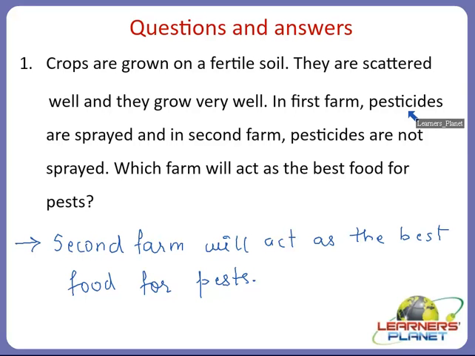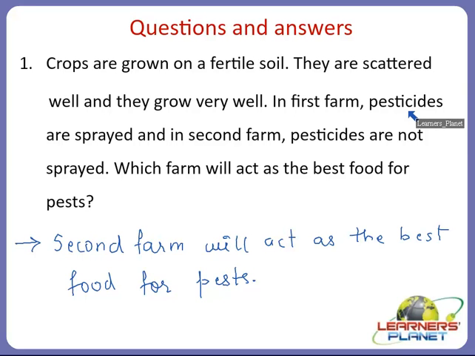Now when the pesticides are not sprayed, that means the crops may get damaged by the pests, right? So pests will attack them. It will act as the best food for them. They will eat them and they will damage the crops. So for pests, it is very good food to eat.